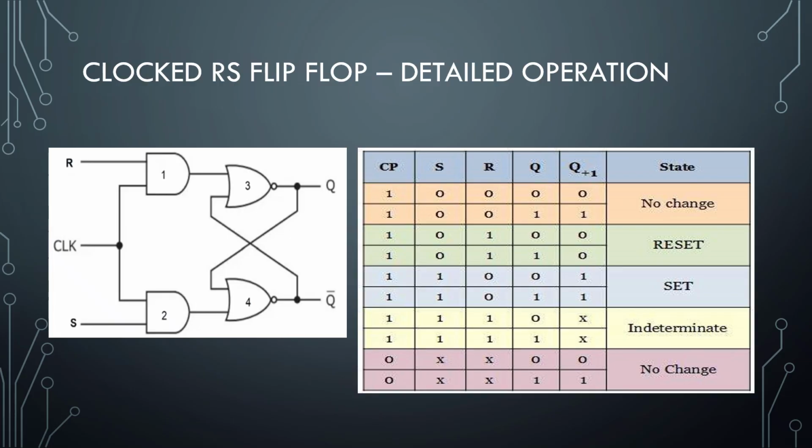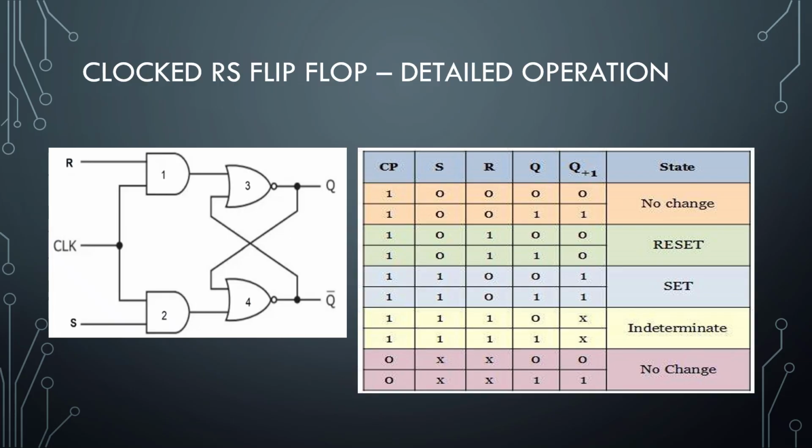When the clock is high and S is equal to 0, R is equal to 0, the output holds its state, and this is the memory function. S is equal to 1, R is equal to 0, we force the output Q to 1, this is a set operation. When S is equal to 0, R is equal to 1, we force Q to 0, or reset.